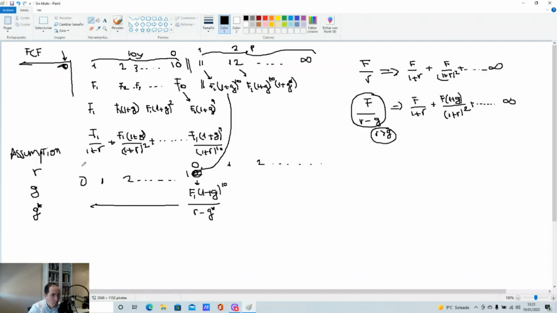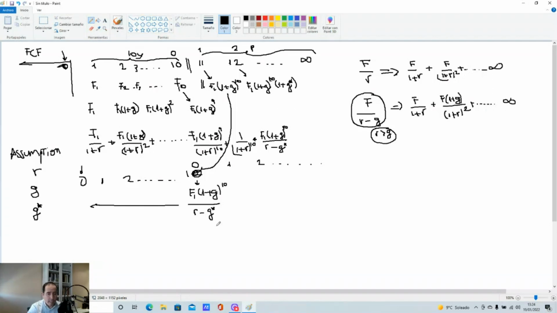So we need to calculate the present value of that term, which is 1 plus R at a 10 by F1, 1 plus G at a 10, over R minus G.